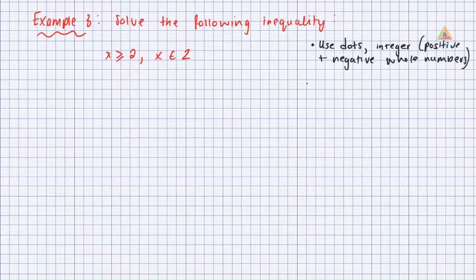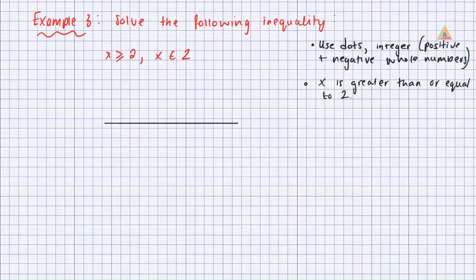So x is greater than or equal to 2. So let's draw our number line. So we'll just draw a straight line and then we're going to scale it. Now it says x is greater than or equal to 2.